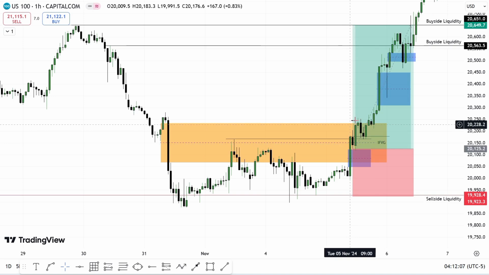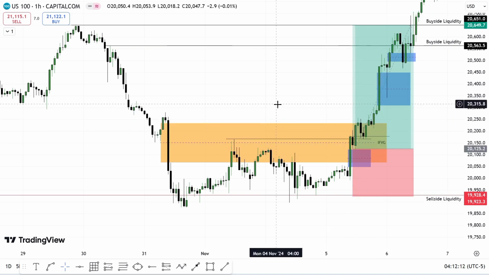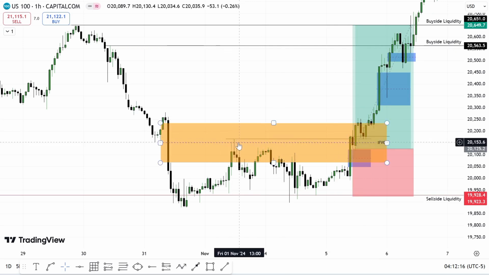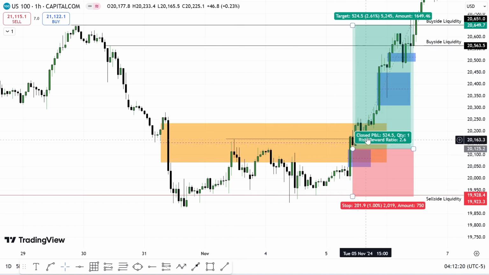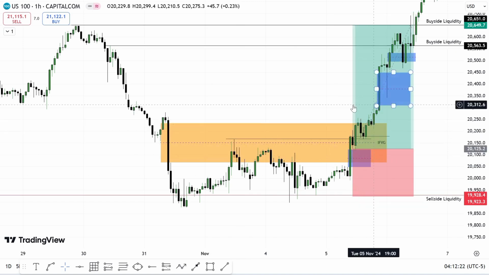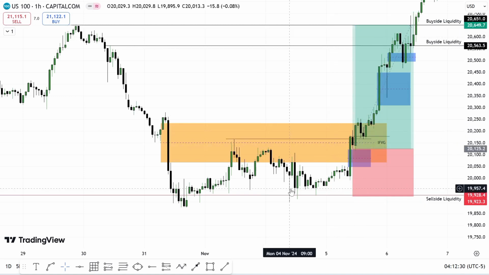Once price trades out of this bearish fair value gap, validating it as an inversion fair value gap, also taking out this swing high here, which validates a change in state of delivery, then you start seeing a lot of green candles. You can trust taking a buy to this buy side liquidity here after it has retraced to an order block with your entry. That's where your entry is going to be, or a bullish fair value gap.